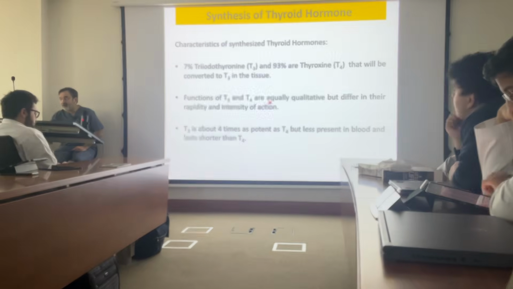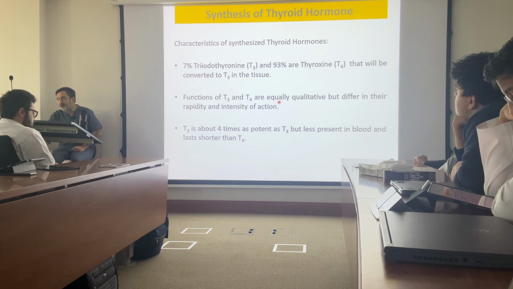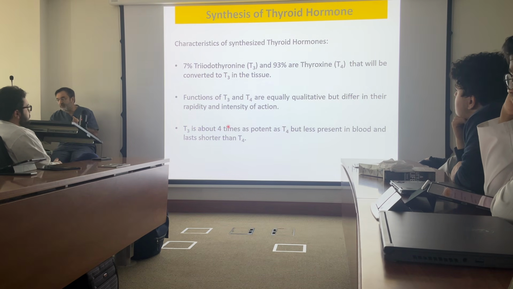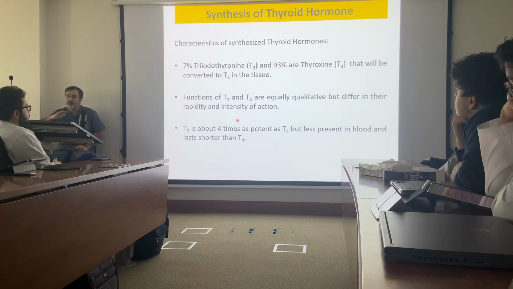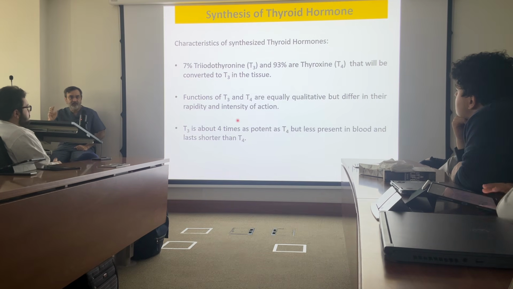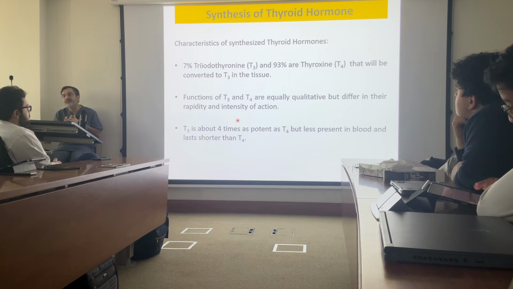T3 and T4 are equally qualitative but differ in their rapidity and intensity. For example, T3 is 4 times more potent than T4 but less present in the blood, and T4 is going to be present for a longer period of time. So T3 has a very short half-life, but it is 4 times more potent than T4.